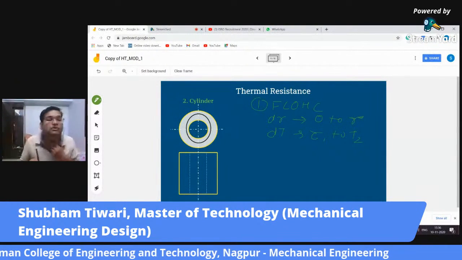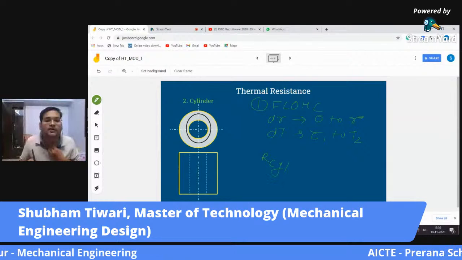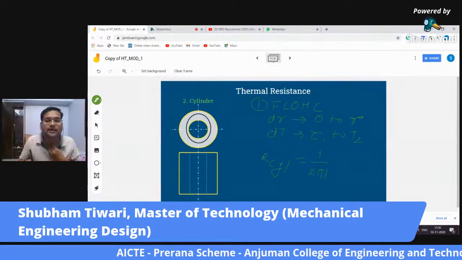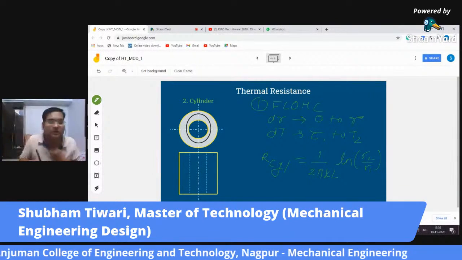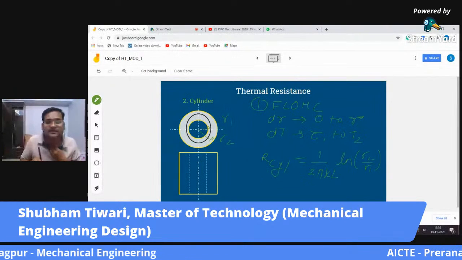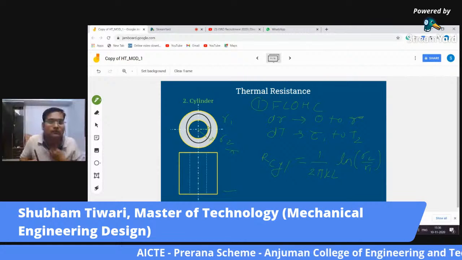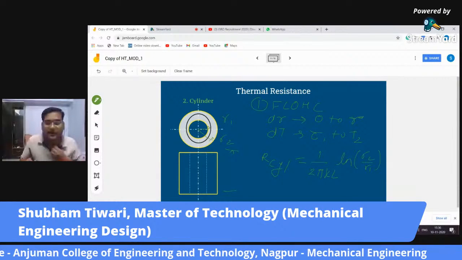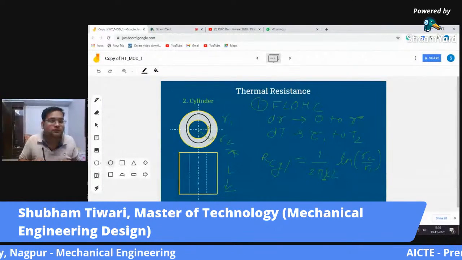When you derive it, you will find that the thermal resistance for a cylinder comes out to be 1 upon 2 pi K L times ln of R2 upon R1, where R2 is the outer radius, R1 is the inner radius, and K is the thermal conductivity.